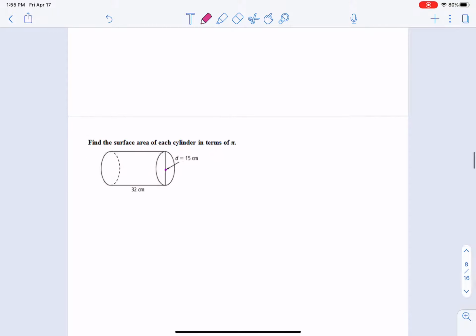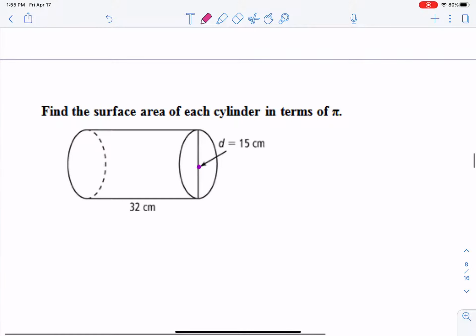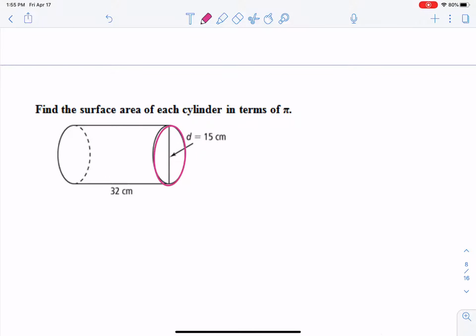So let's do one of these. This is a canned good on its side. So this here is still the base of that canned good, even though it's on its side. So if we're going to find the lateral area, I'm going to need to do the area of the lateral sides, or in this case, circumference times height.